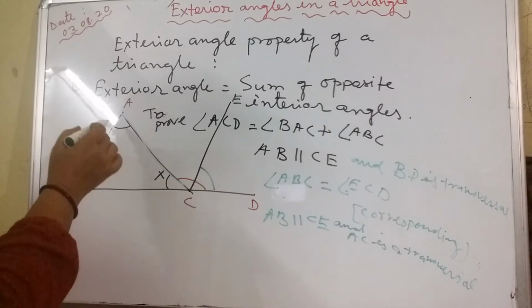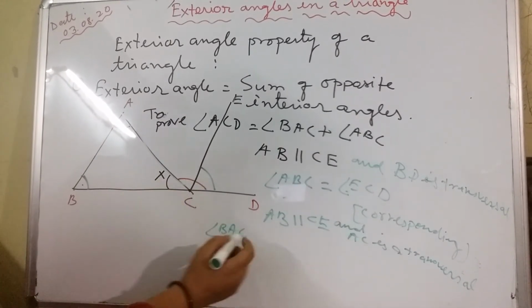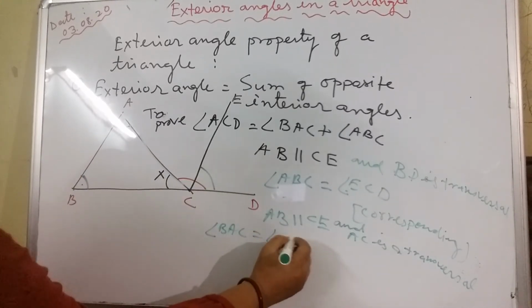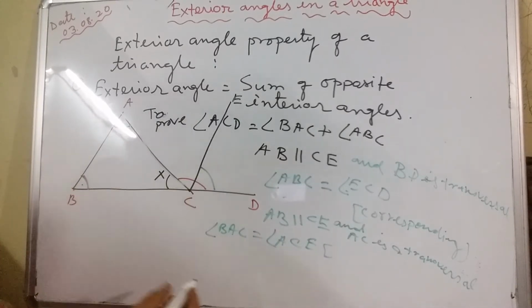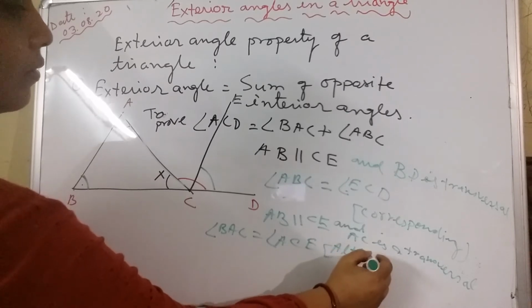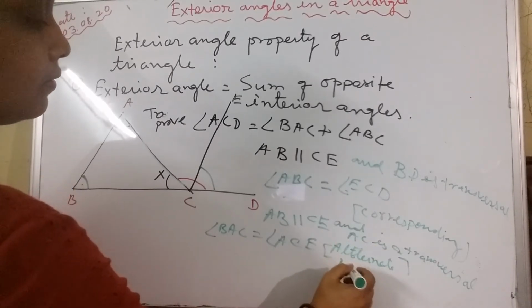So angle BAC equals angle ACE because they are alternate interior angles.